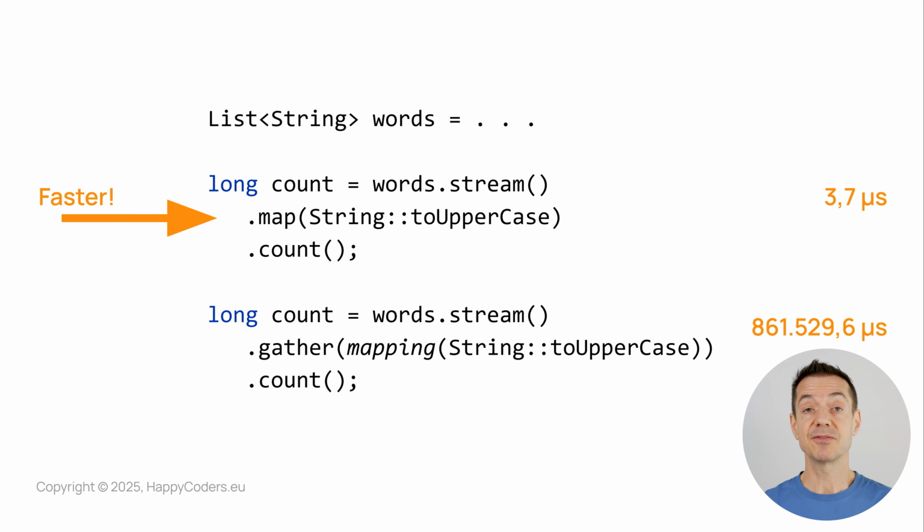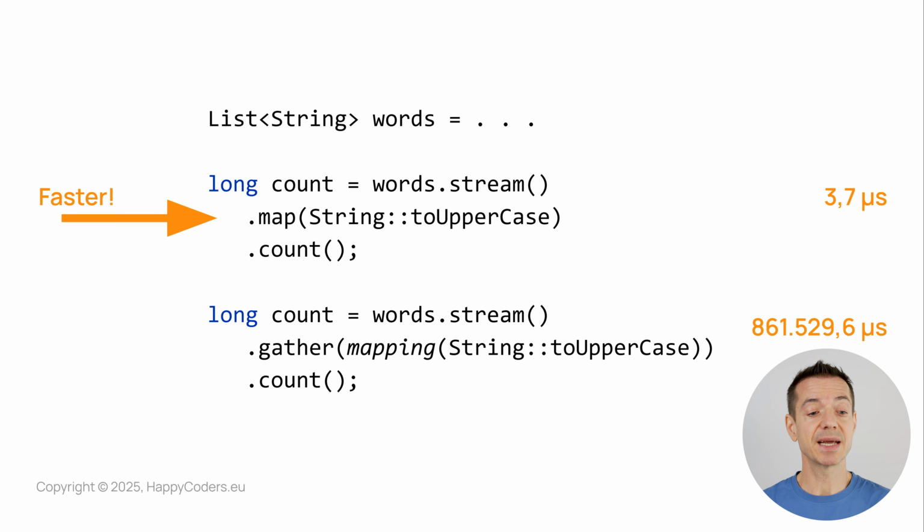And that's because in the first version, count knows that first, the number of elements in the stream is known, namely it's the same as in the words list, and second, that map doesn't change this number. So the map operation is simply optimized away, and count just returns the length of the list.